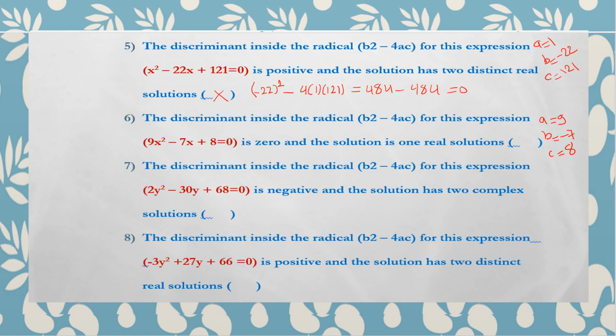After that, we should substitute these values in the discriminant, and this equals minus 7 squared minus 4 times a times c, which is 8, and this equals 49 minus 288, and the answer is minus 239.